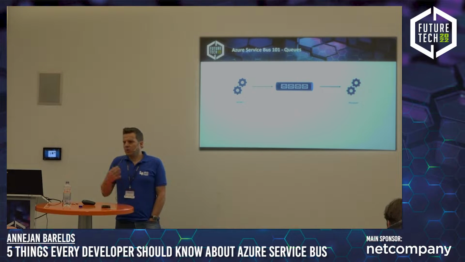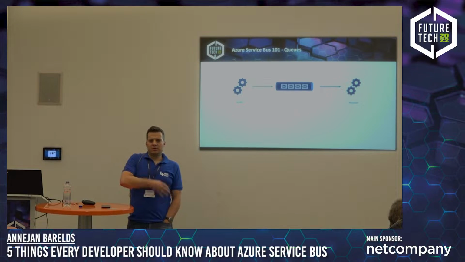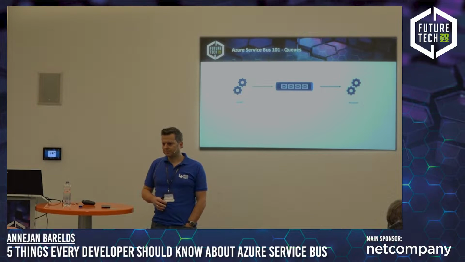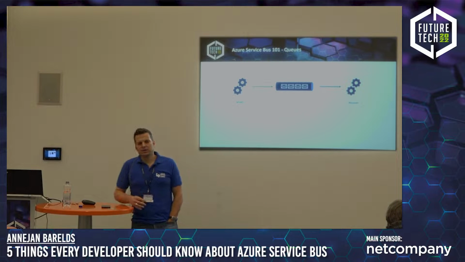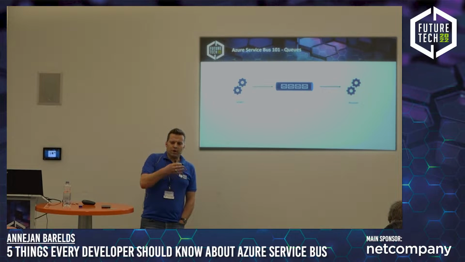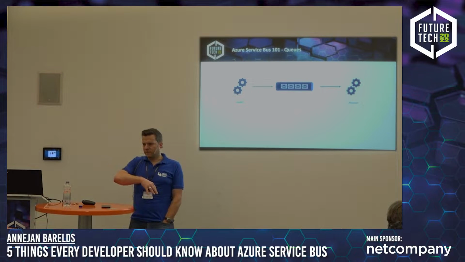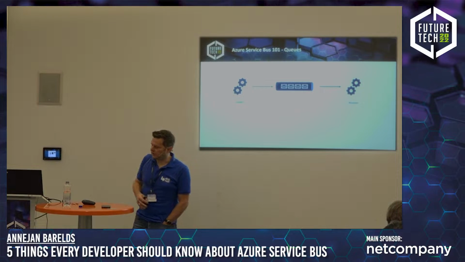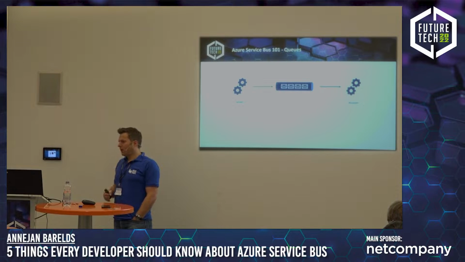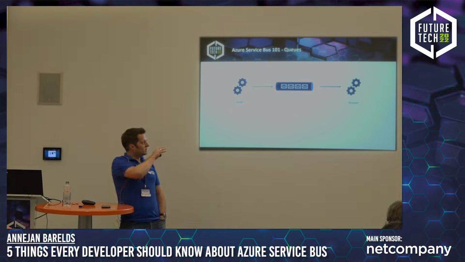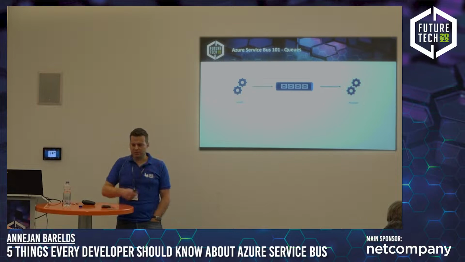So it's a way to decouple the producer of a message from the consumer of a message. It has the handy benefit that for a message to be produced, the consumer of that message doesn't have to be online and vice versa. So it's kind of temporal decoupling. That's what Service Bus does. So in its most simple form, Service Bus is about pushing messages on one end and then receiving them on the other end.